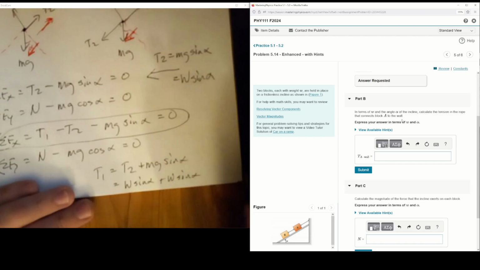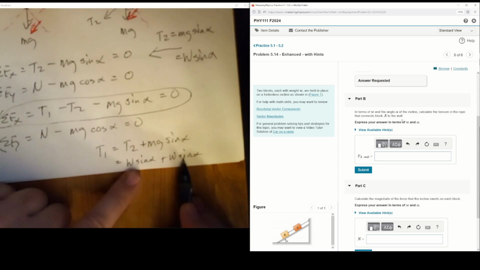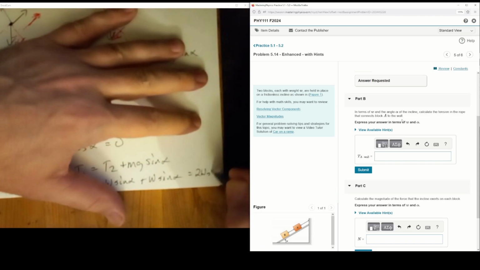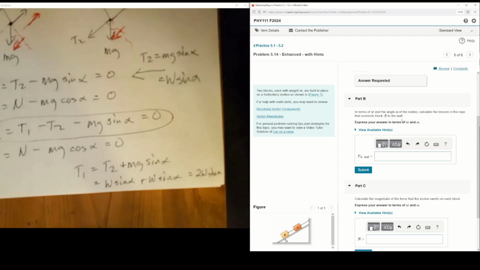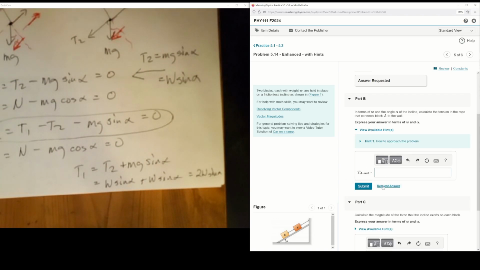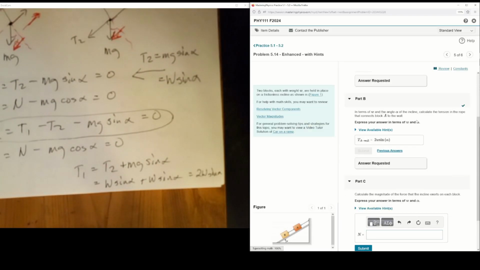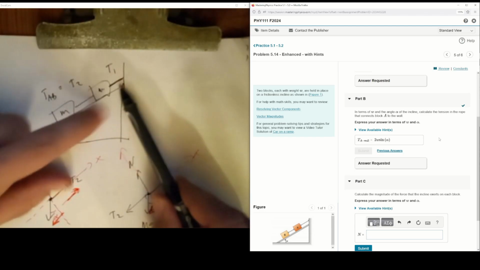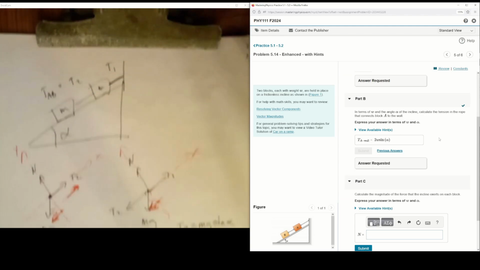And there's another sine alpha here actually. So these are like terms, and we could add these together to get 2 weight sine alpha. And so that's the answer for part B, 2W sine alpha. And I'm just going to request the answer to see it. And there it is, 2W sine alpha. So we calculated the tension between the blocks and the tension coming off from the wall.